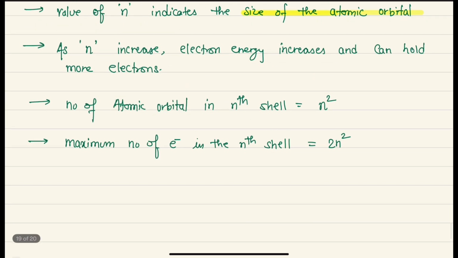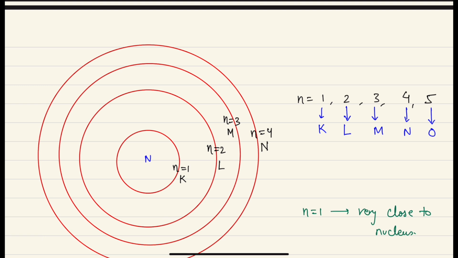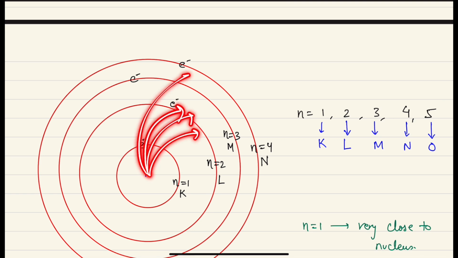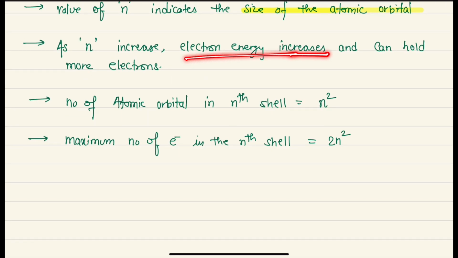Now suppose you have an electron here, or here. The electron present in the first cell has lower energy in comparison to this electron. So as you go far away from the nucleus, in the next cell, the next to next cell, the energy of the electron increases. Understood?